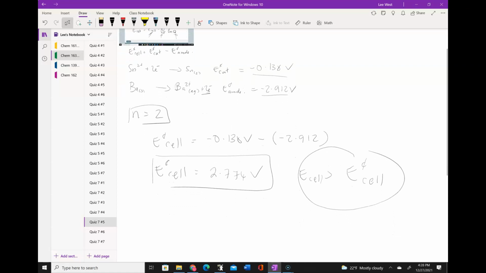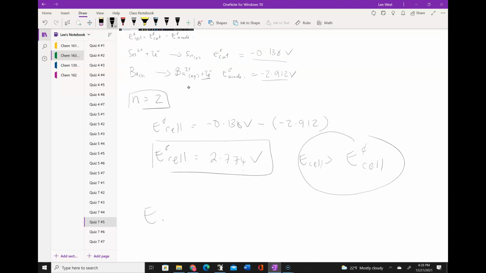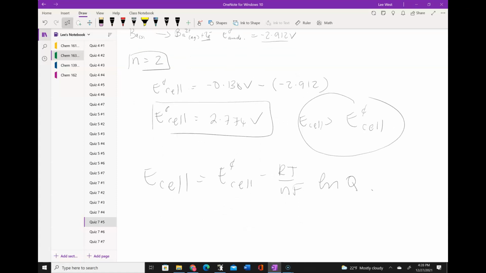All right, so what have we got? Our non-standard cell potential is equal to E naught cell minus RT on NF log Q. So what is Q? Q is the reaction quotient, right?